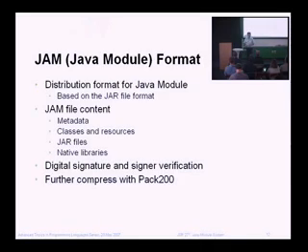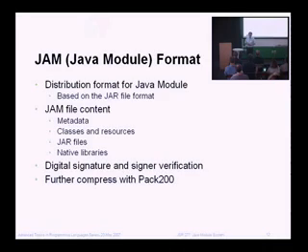The module system defines a distribution format, which is what we call the JAM file. The JAM file is basically based on the popular JAR file format, except that it has metadata as well as the ability to carry JAR files and native libraries.